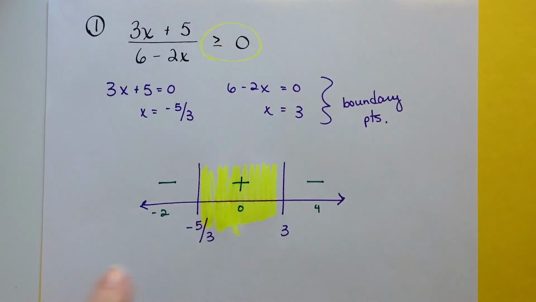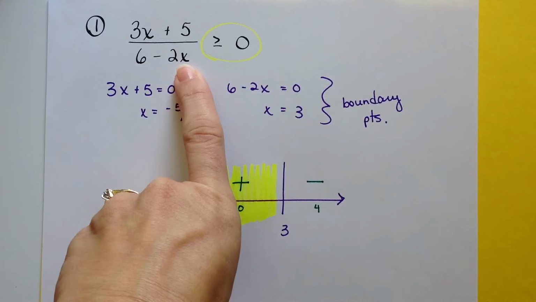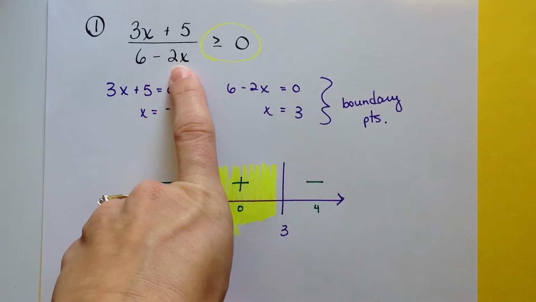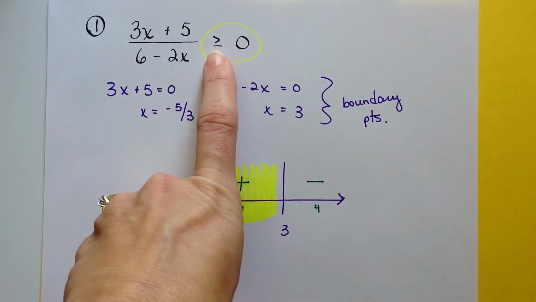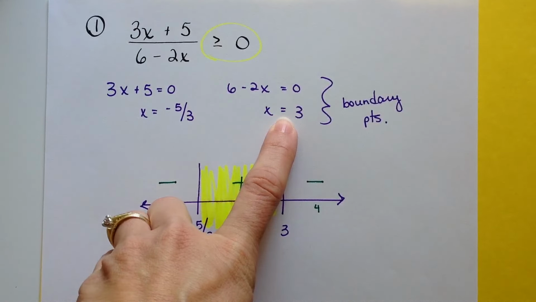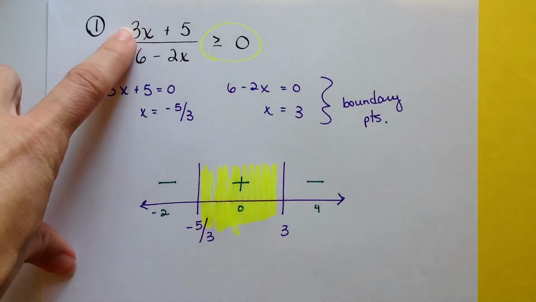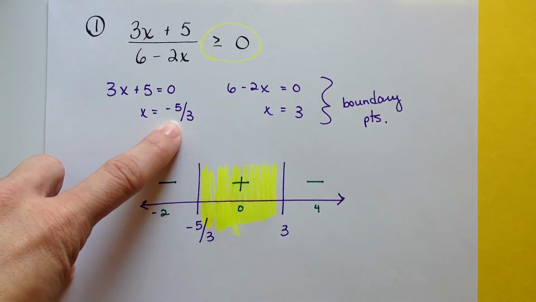Because, for instance, the 3 came from my denominator. But if I were to substitute 3 in, that causes my denominator to equal 0. And as you've been told numerous times, you cannot divide by 0. So even though this has the line underneath it, this can't be included because it's from your denominator. The only time that a fraction is going to be equal to 0 is when the numerator equals 0.